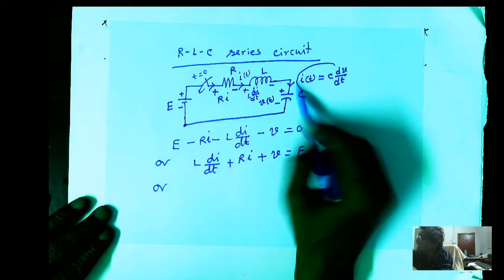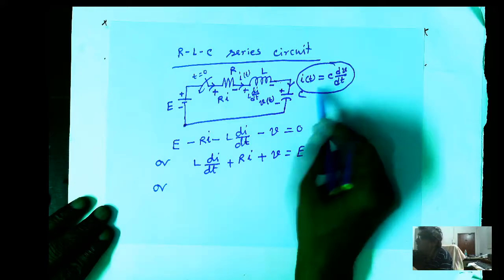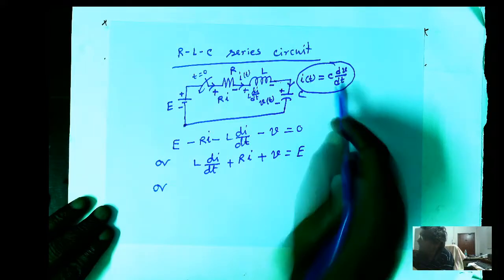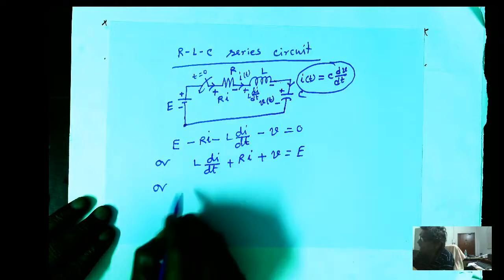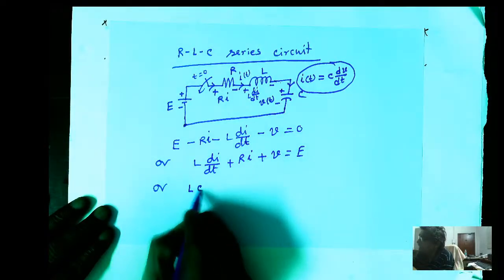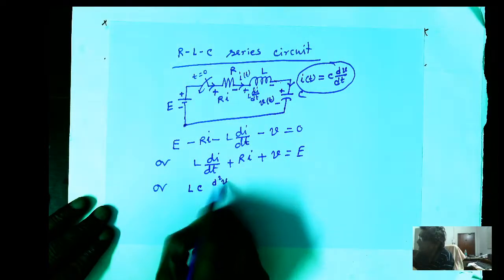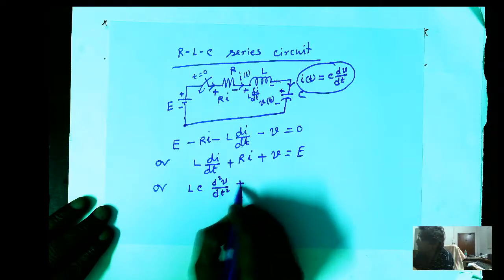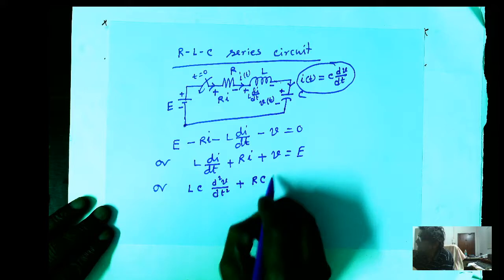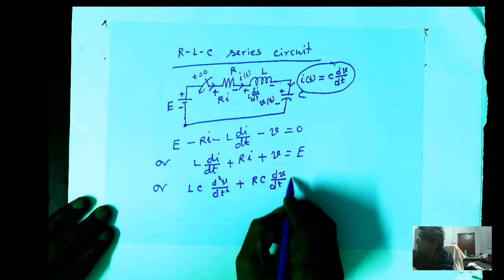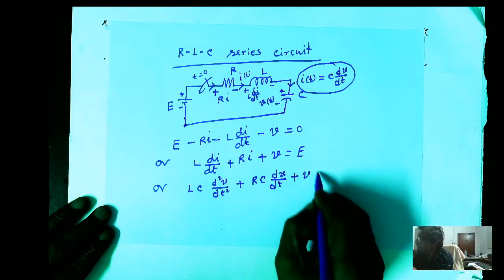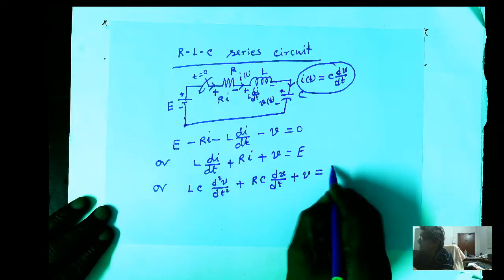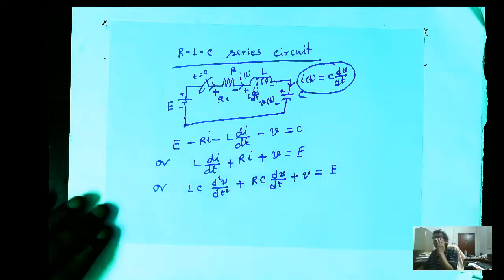So wherever i is there, I will convert it to dV/dt form, so that it will become LC d2V/dt2 plus RC dV/dt plus V is equal to E. This will be the differential equation.